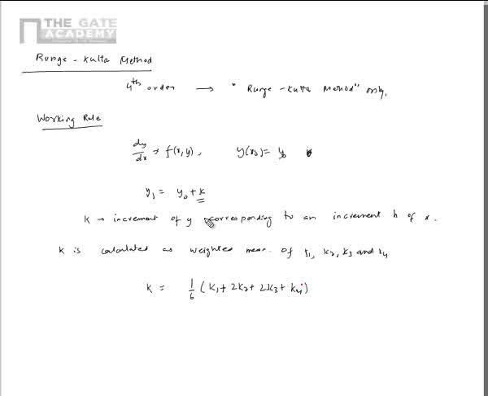Now the idea is, how do I calculate k1, k2, k3? We calculate them successively. k1 is h into f of x naught, y naught. So it's basically evaluating f at x naught, y naught and multiplying with h. Once you get k1, k2 is calculated by evaluating the function at x naught plus h by 2, y naught plus k1 by 2, multiplied by h.